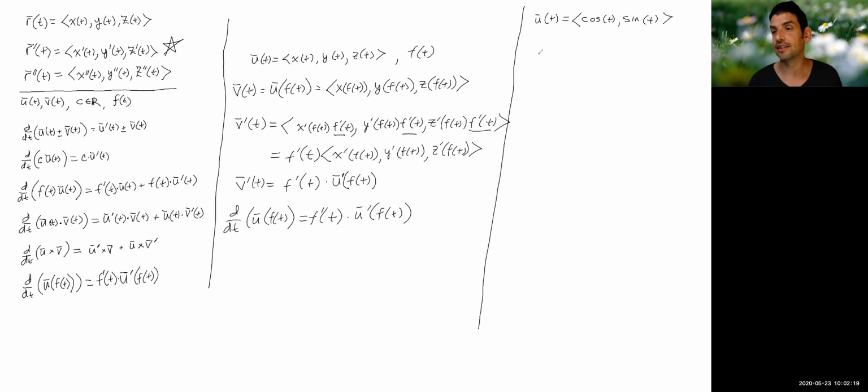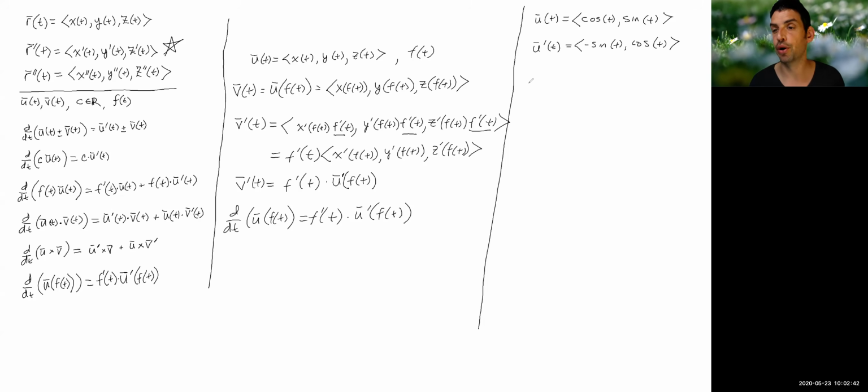So if we were to take this derivative, u prime of t, is, of course, negative sine of t, cosine of t.